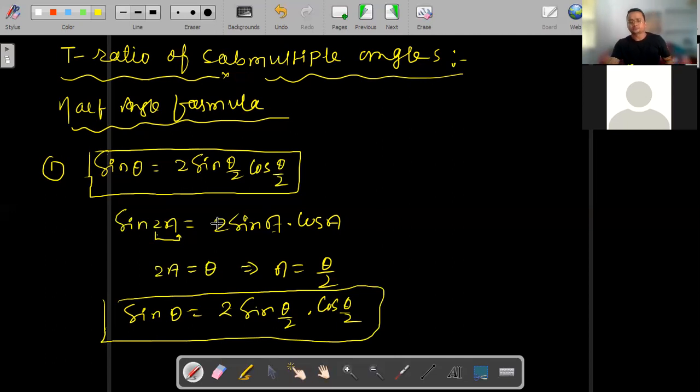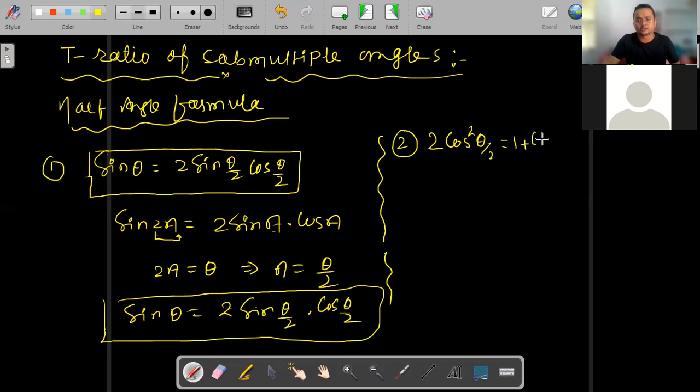Similarly, you can also prove the next formula. Second: 2 cos squared theta by 2 is equal to 1 plus cos theta.